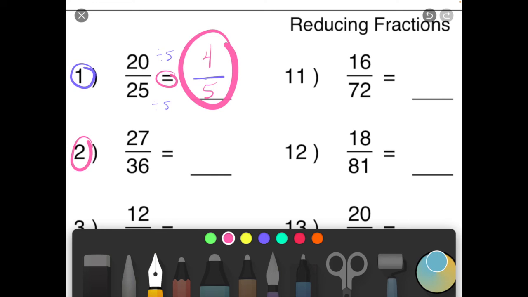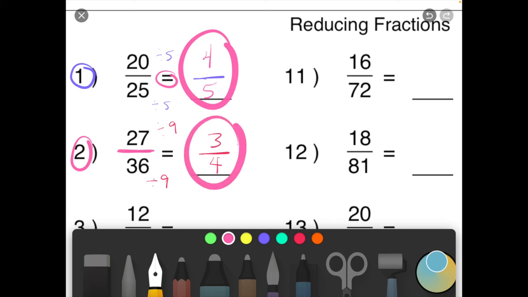All right, let's look at number 2: 27 over 36. Hopefully we remember our nines. If you add up the 2 digits, they should be a number that's divisible by 9, and that's the case here. 2 plus 7 is 9, and 3 plus 6 is 9, so both are divisible by 9. 27 divided by 9 is 3, and 36 divided by 9 is 4.